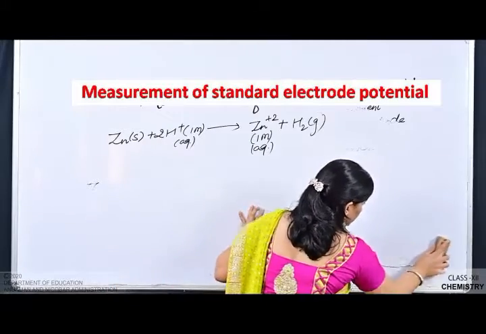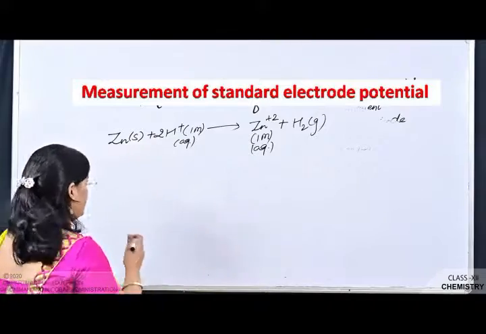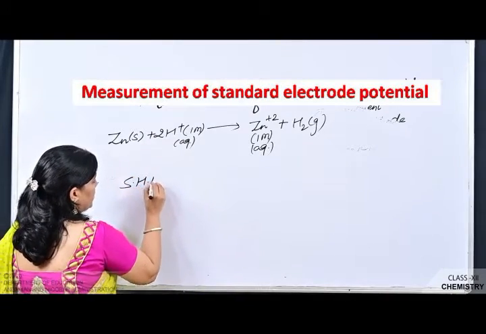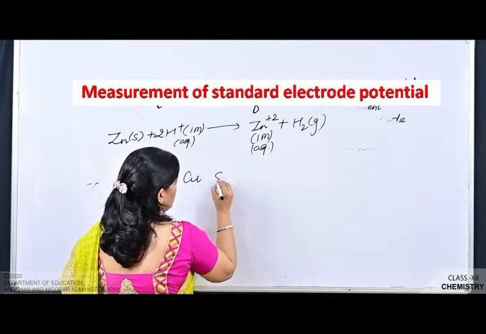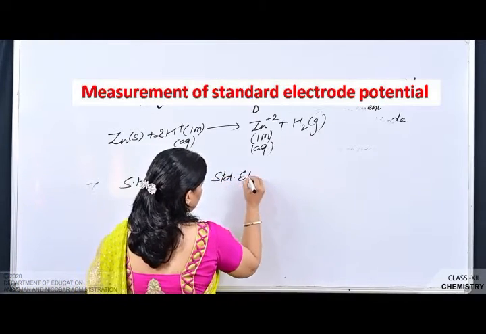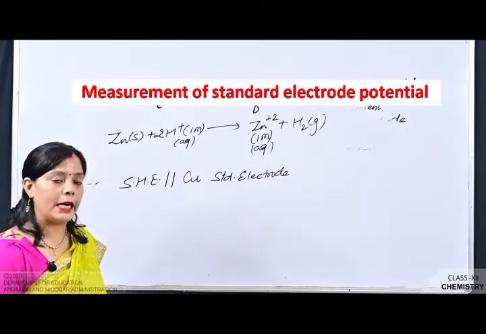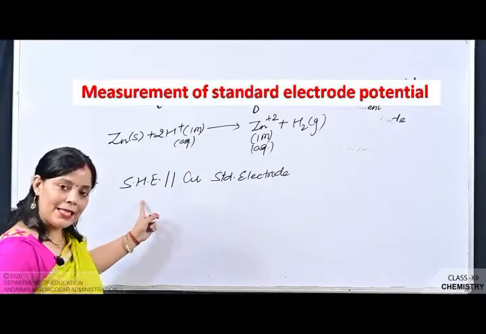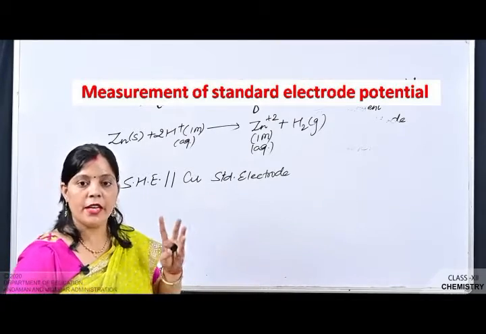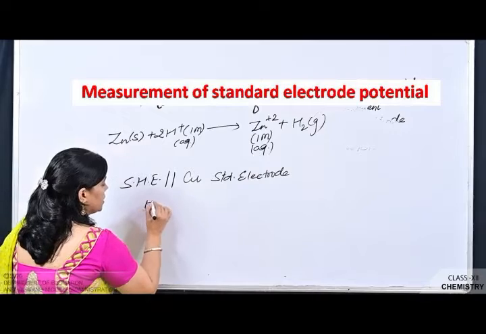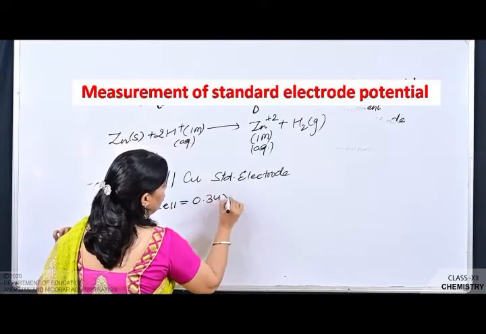So first the standard copper electrode is coupled with the SHE, and by attaching it, the voltmeter shows a potential difference, that is E cell naught is equal to 0.34 volt.